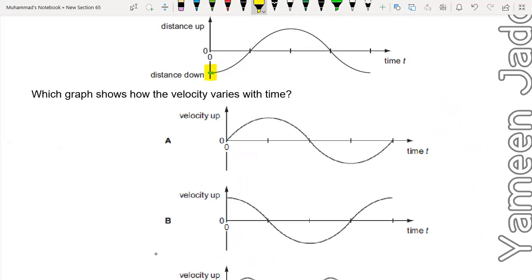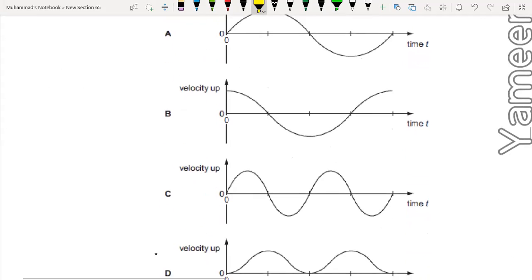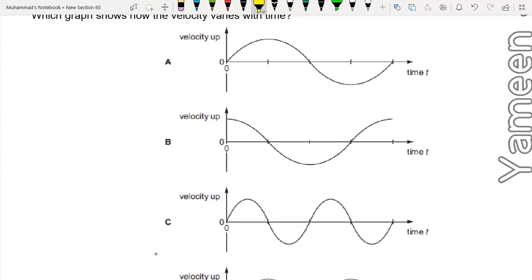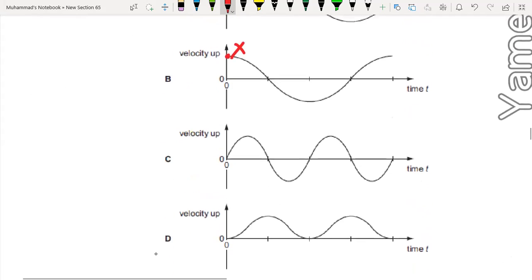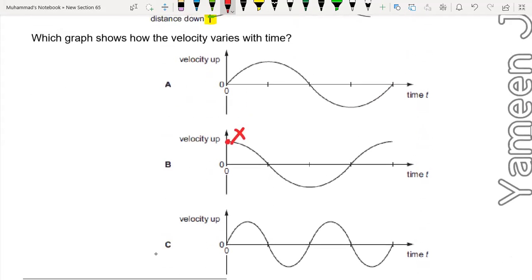So velocity should be 0 at that point, and velocity should be 0 at the second point and so on. And you can see in A and B, the velocity is not 0. It has some value. And in the other three options, velocity is 0.